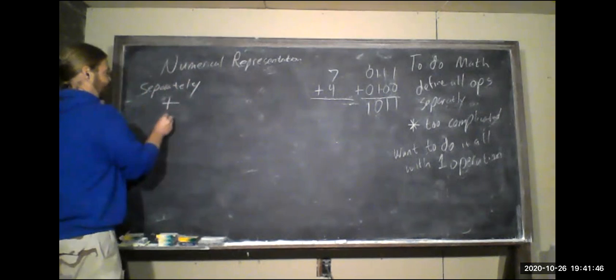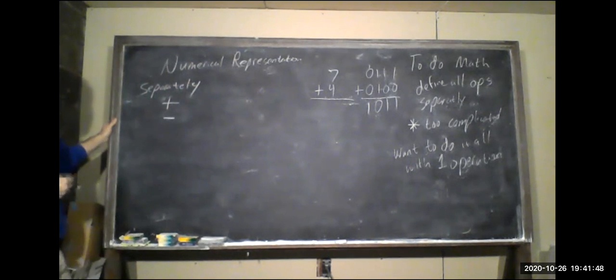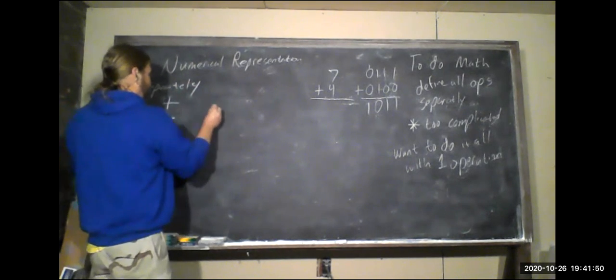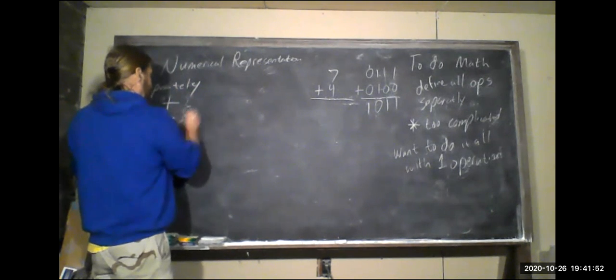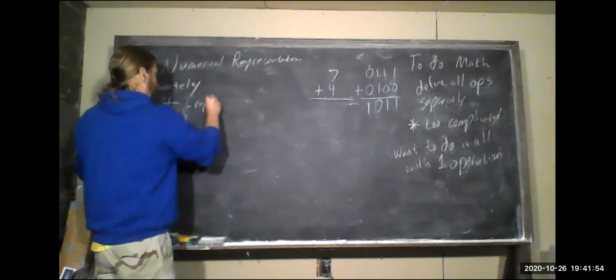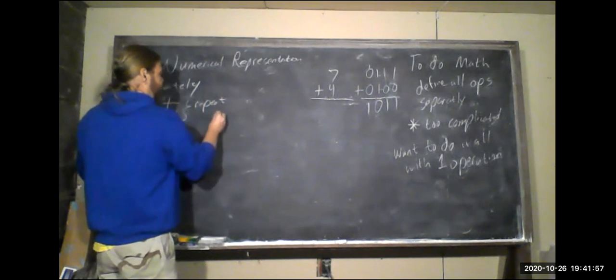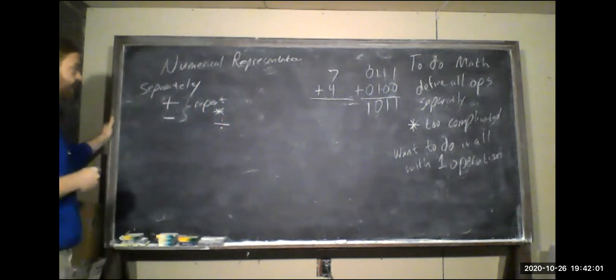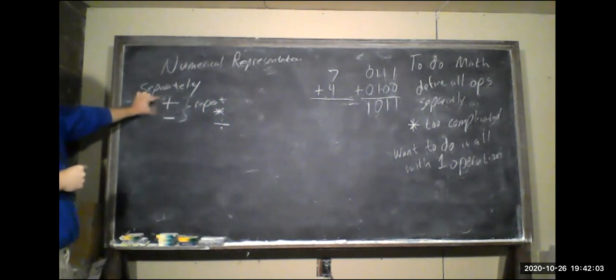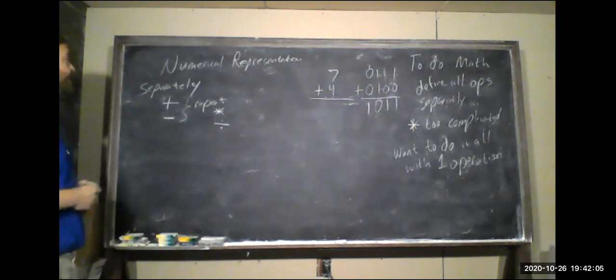But we'd have to do at least addition and subtraction. And then those two we could repeat. We could just repeat those for multiplication and division. It'd be nice to condense that into one operation.